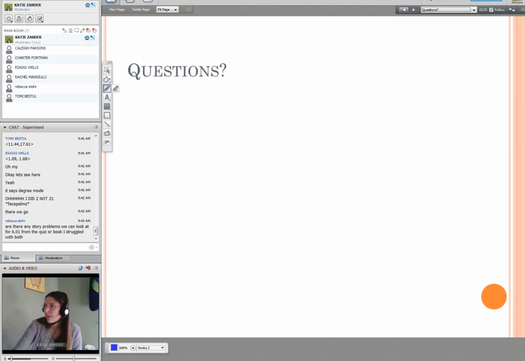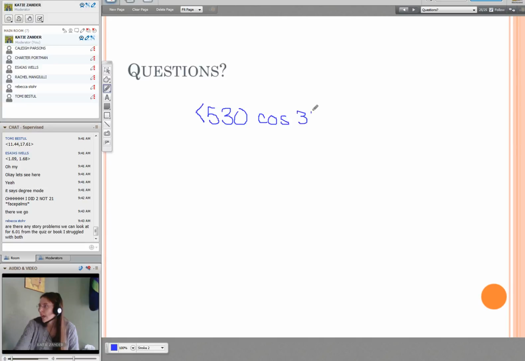I'm not quite sure how they're getting their answers for that one. But if we look at that one, I think what you would have to do is you take your 530 and then you would do your, oopsie, sorry, that's on the inside. So that's your magnitude times cosine of your direction. And then the same thing with your sine.